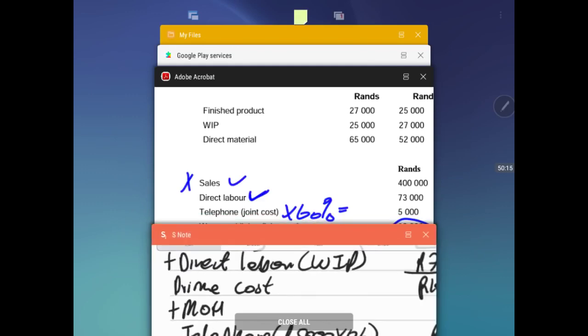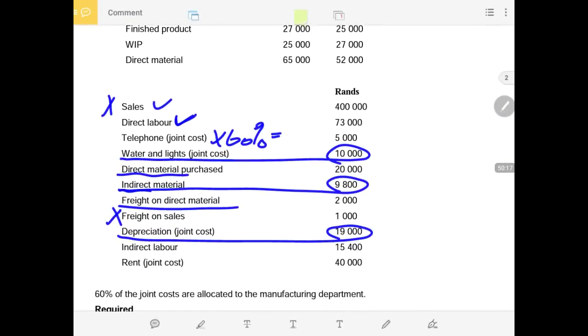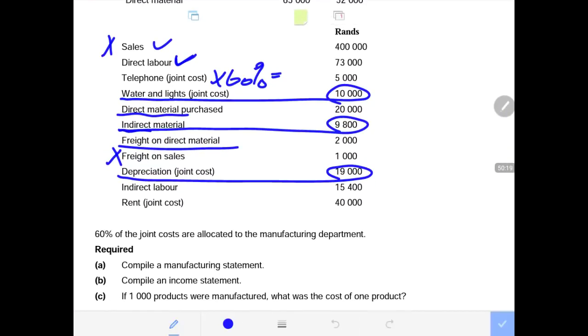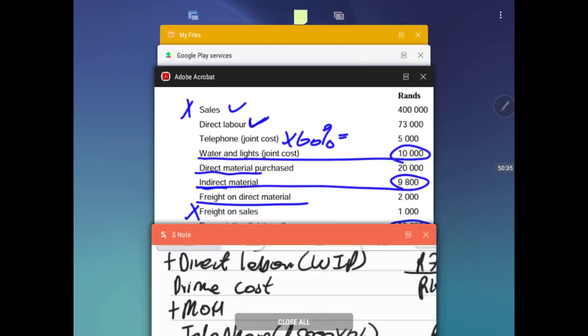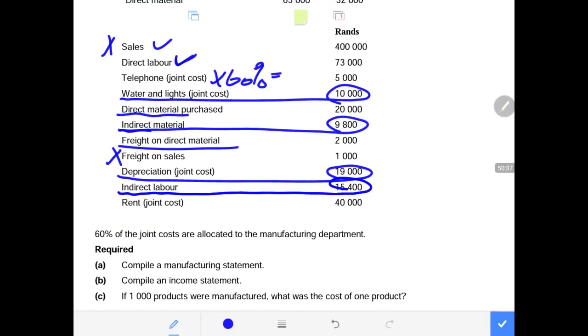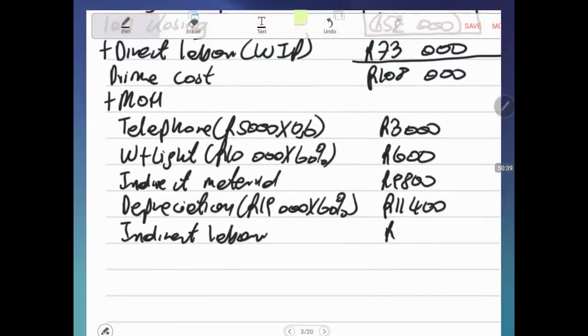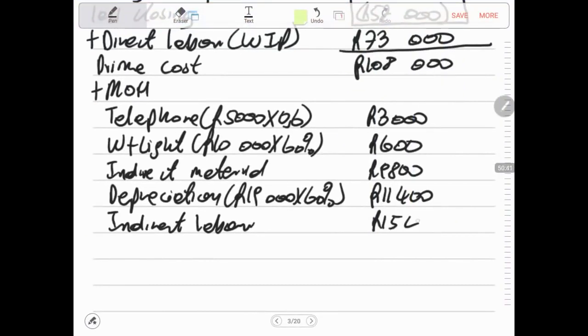Then I go to the other manufacturing overhead related cost, which is indirect labor, 15,400. It is not a joint cost. My indirect labor, just to confirm the amount, it is 15,400.